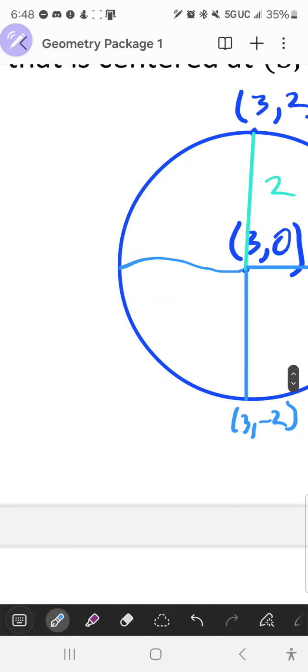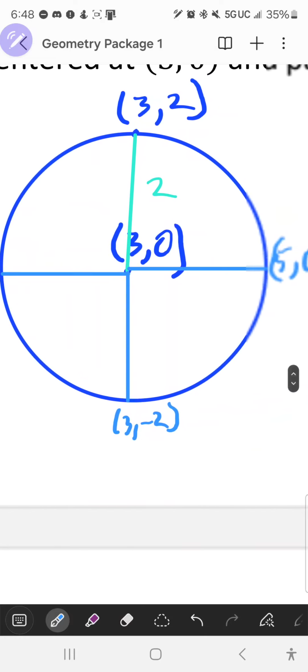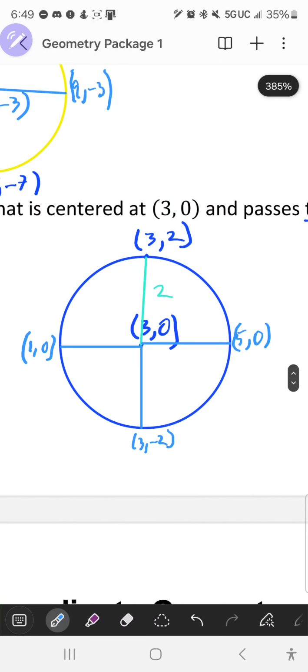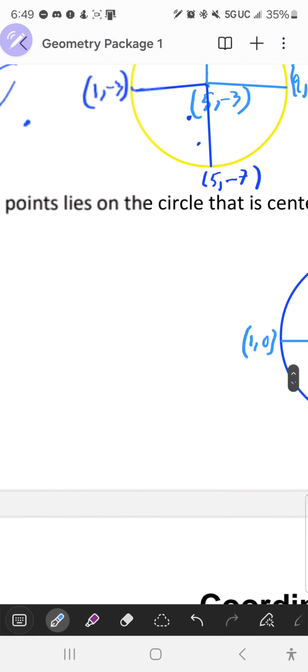Now 2 to the left will be 3 minus 2, which is going to be 1, so (1, 0). And these are my points, and anything outside this is out of the circle.